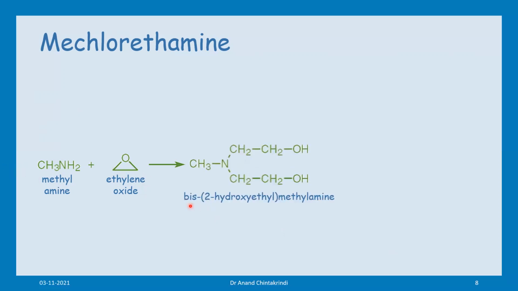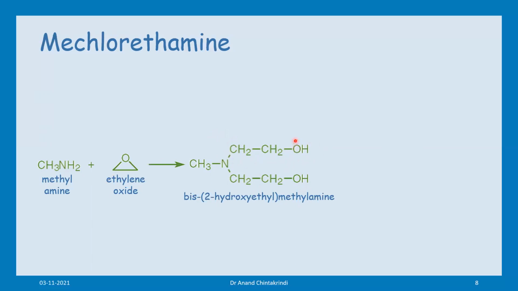to form bis. Bis is used to indicate 2 similar groups are attached. So bis(2-hydroxyethyl)methylamine. So for this methylamine group, now you have attached 2 hydroxyethyl groups.